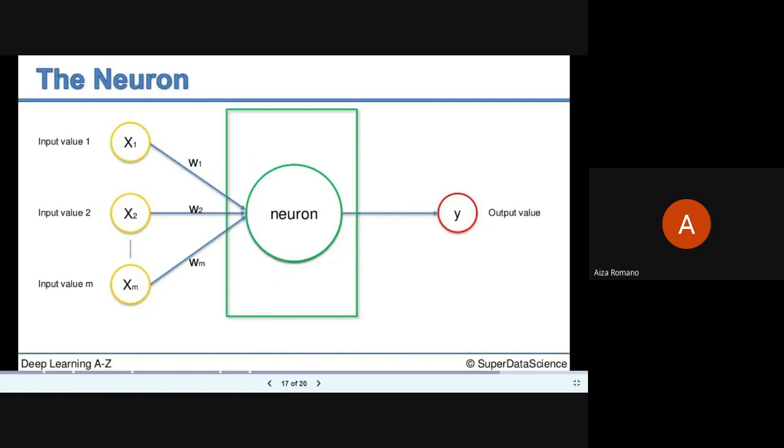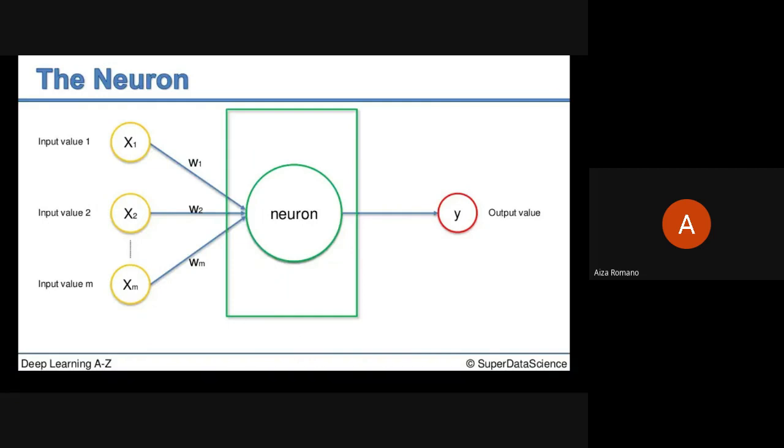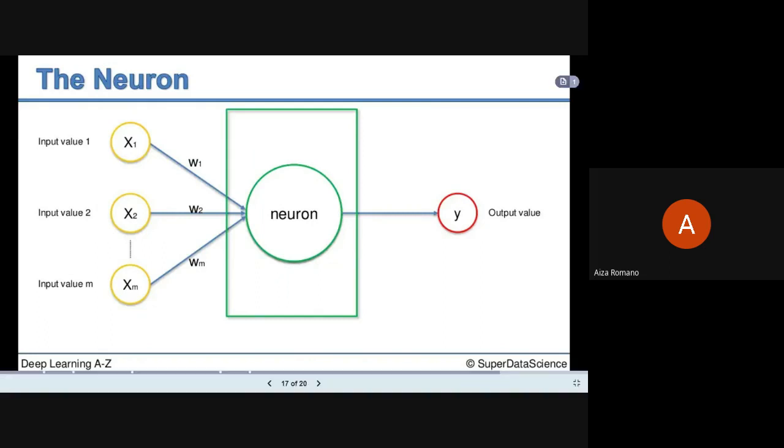And here we've got the neuron. So signals go into the neuron, and what happens in the neuron? This is the interesting part. We're talking about what happens inside the neuron. So a few things happen here.